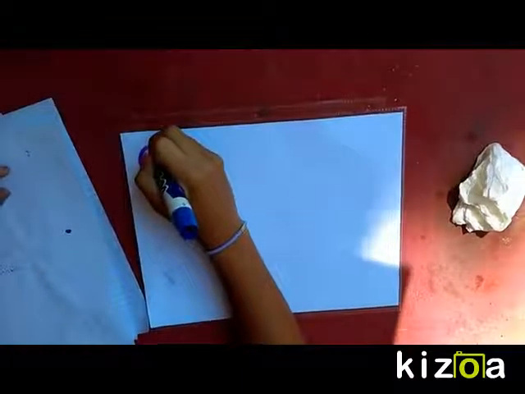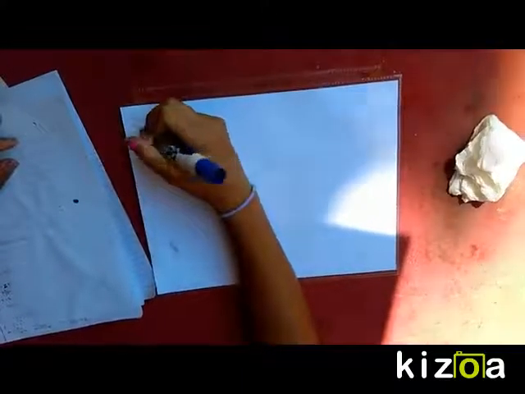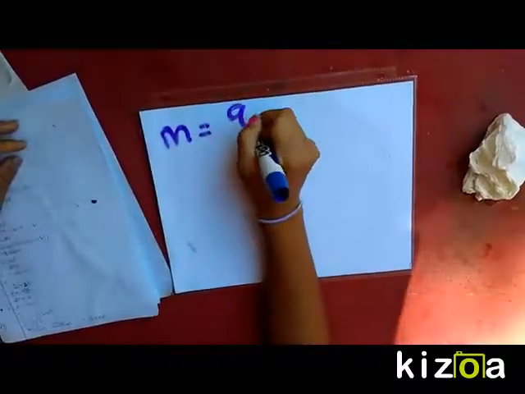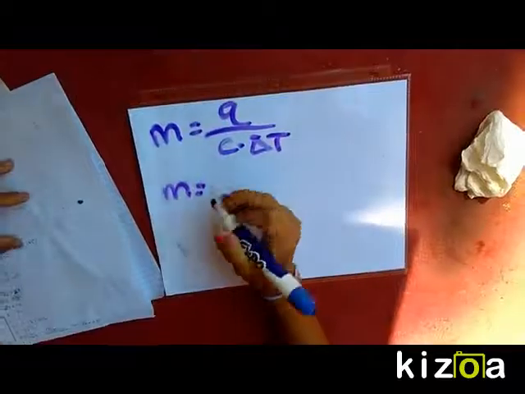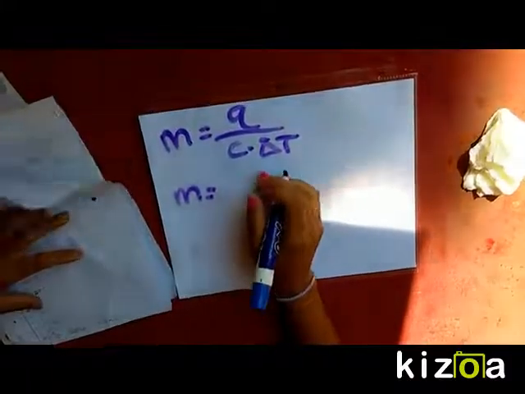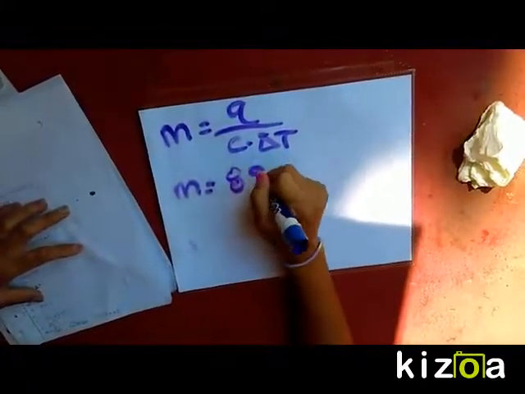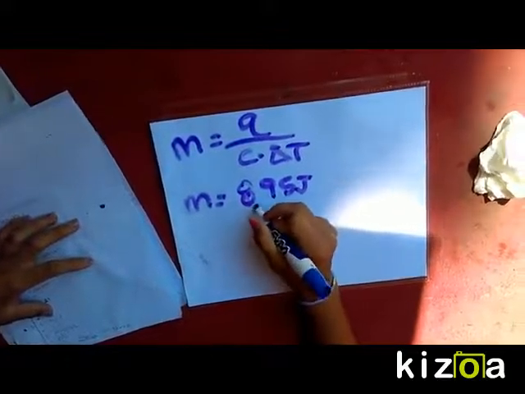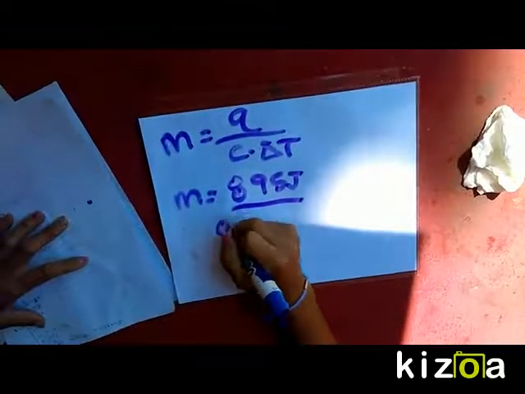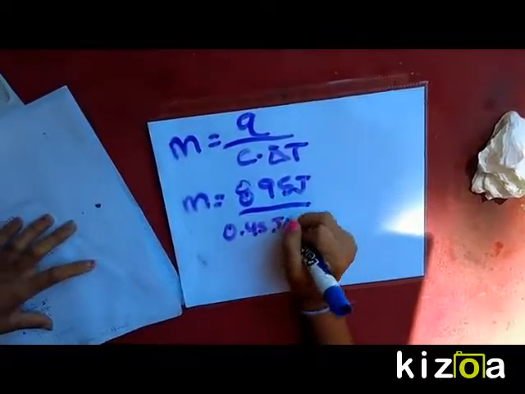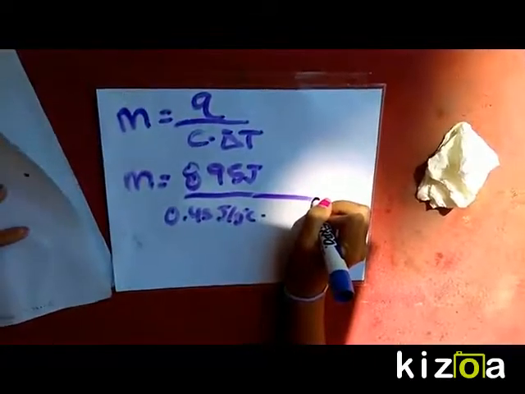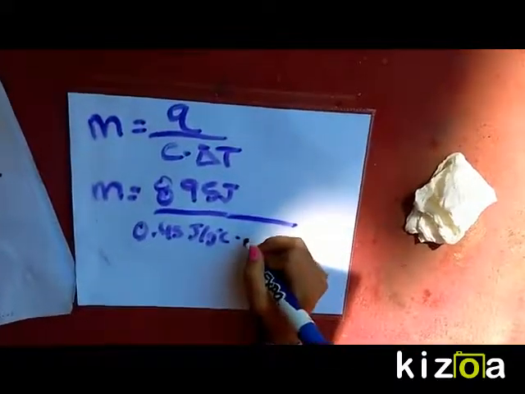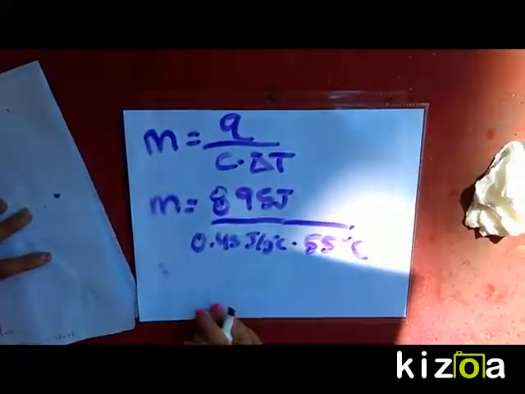Previously, we're just going to have to plug in our numbers in our equation, which is M equals Q over C times triangle T. So since we're solving for M, M will equal 895 joules over 0.45 times 55 degrees Celsius.